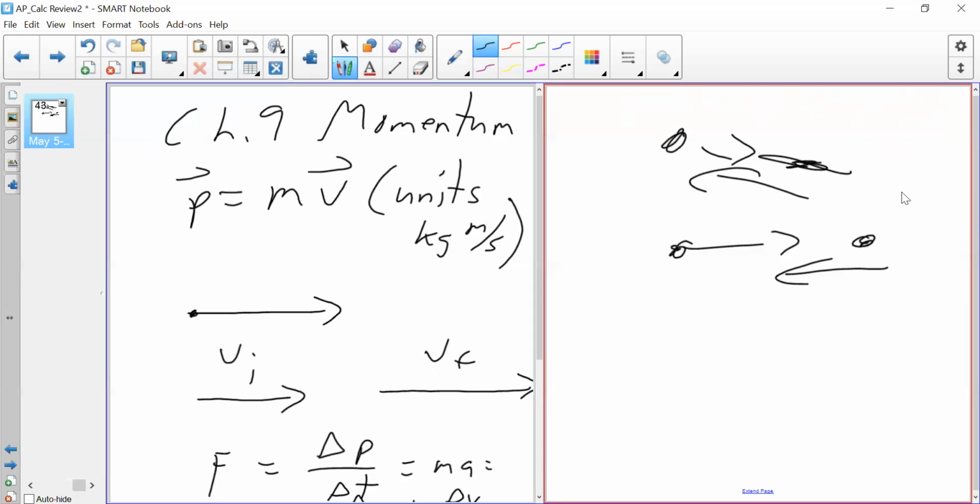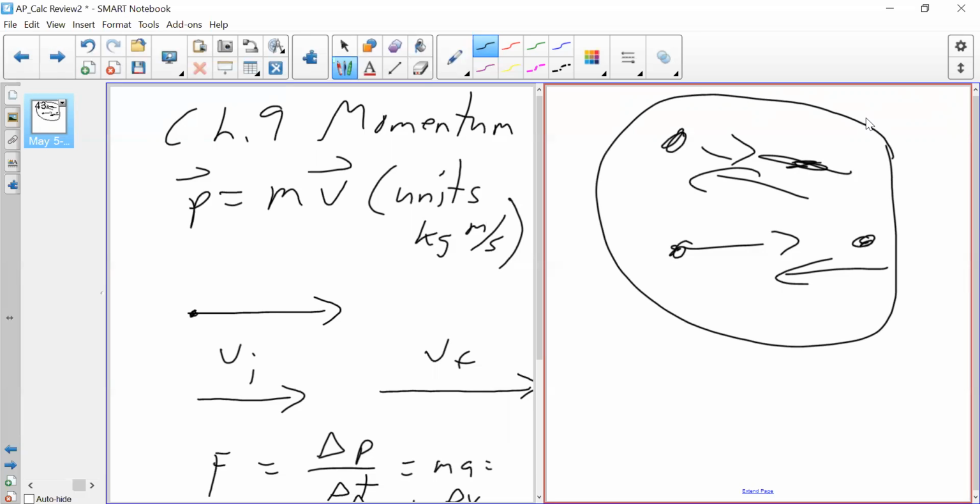So the net internal force in that system is going to be equal to 0. And so as we look at all these collisions and we close it off from the outside environment, just as a test case, we're trying to see what's going on with the system. We know it's not going to have any influence from the outside. So the net external force would be 0 in this case.